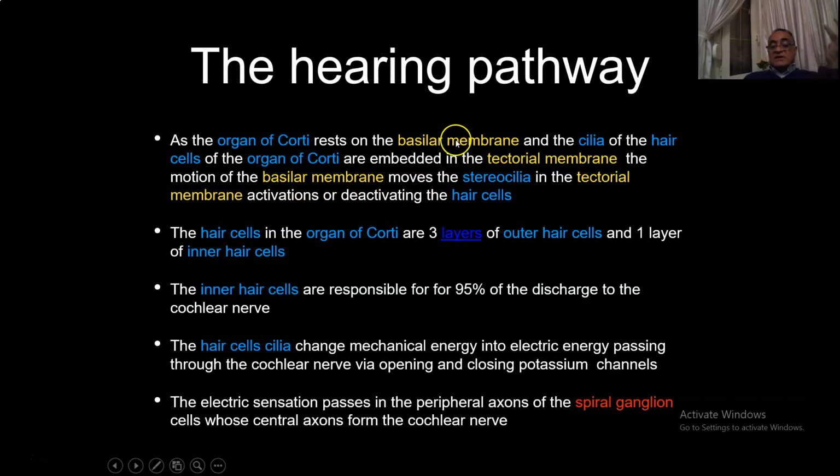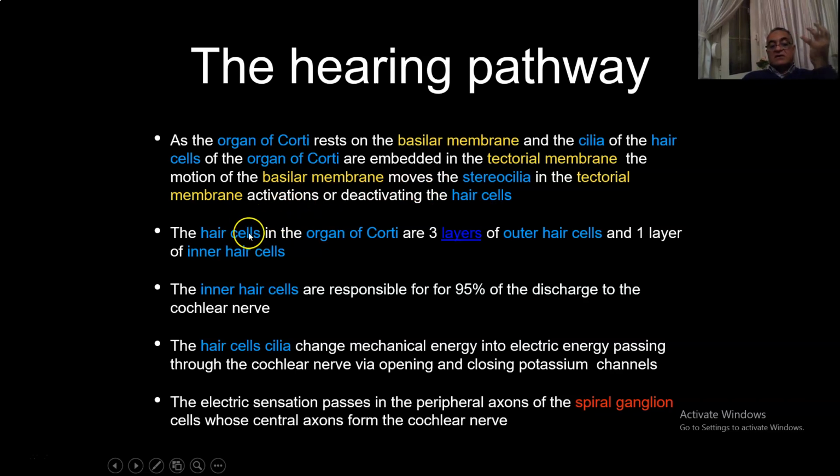So when the impulse reaches the scala tympani, it is transmitted to the basilar membrane and the organ of Corti, vibrating it in relation to the tectorial membrane containing the cilia. This will cause some vibration and stretch on the cilia, and the cilia, we said, are the cilia of the hair cells.